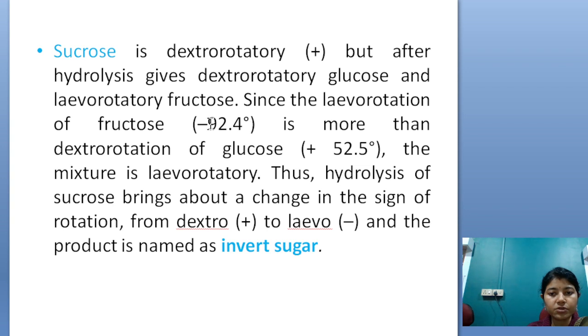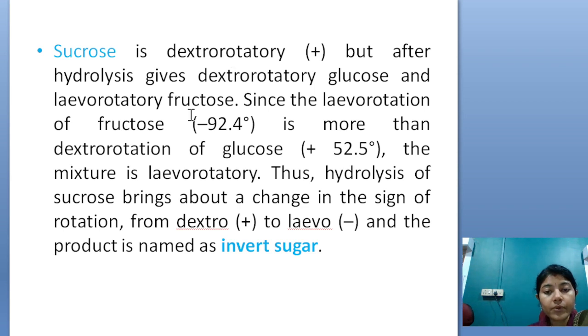That means it is levorotatory. Glucose is dextrorotatory, fructose is much more levorotatory. So the combination of these in solution will result in a levorotatory solution. Without hydrolysis, sucrose in solution behaves as dextrorotatory.